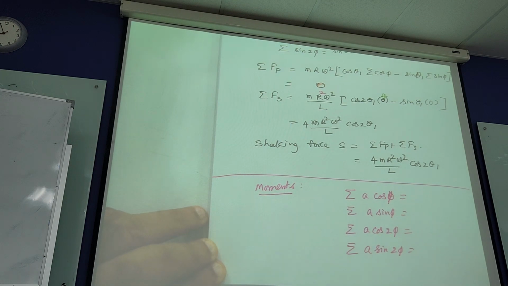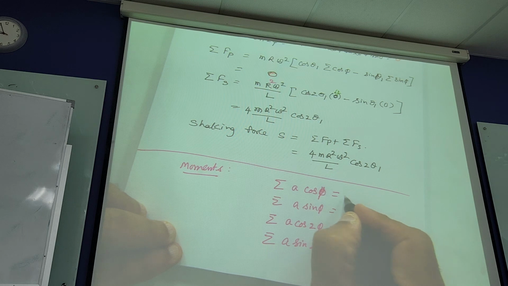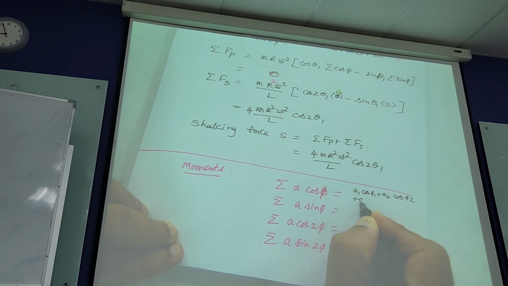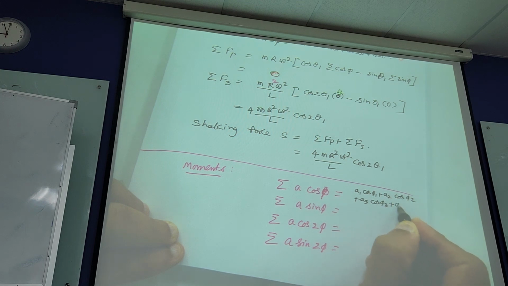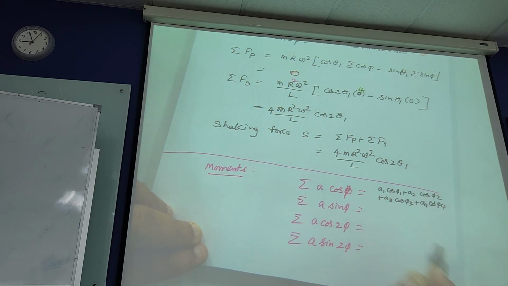So just calculate and let me know how much. So this means A1 cos phi 1 plus A2 cos phi 2 plus A3 cos phi 3 plus A4 cos phi 4, etc.